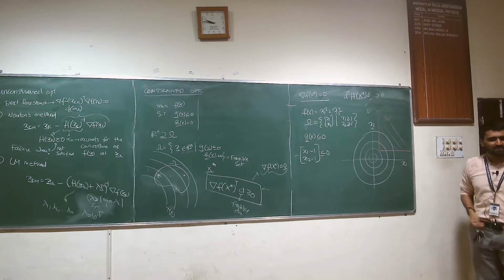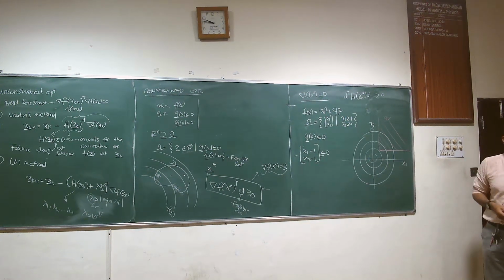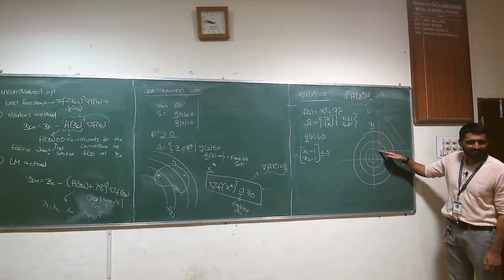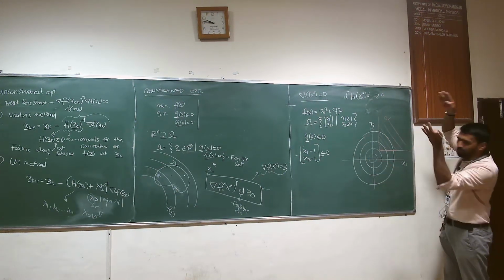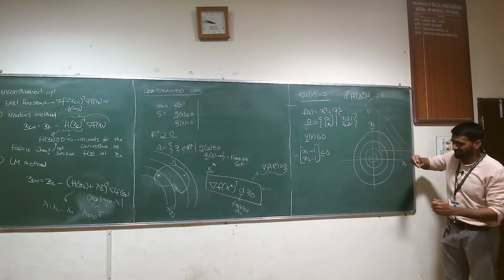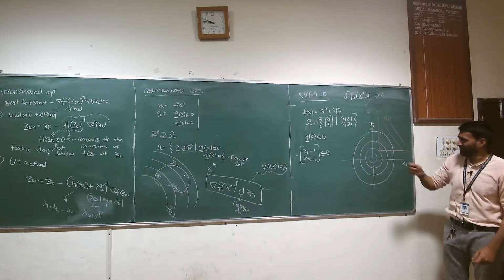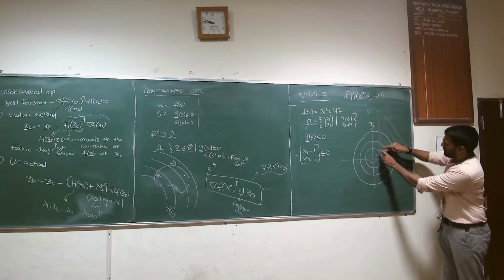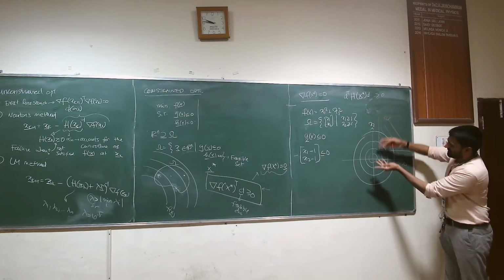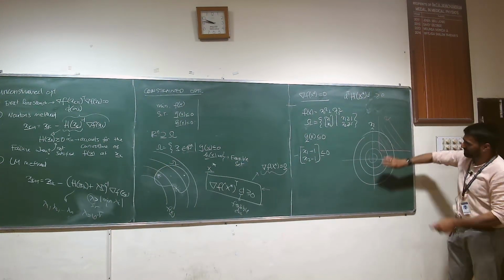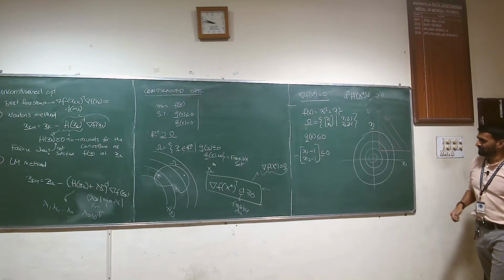Where do you think the minimum is? What is your guess? Well, it has to be here, right? Because the ball is going up like this, and this point is essentially touching the ball. Every other point as you move away, the height of the ball increases from this surface.